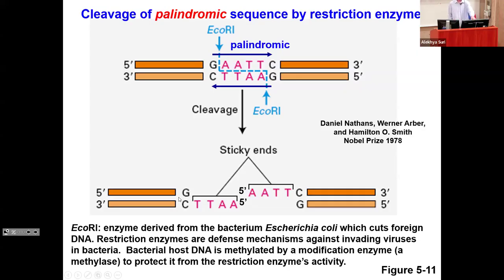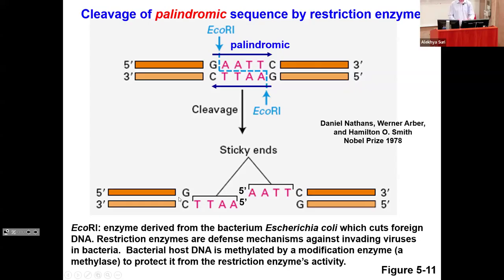Again, with a palindromic sequence, when you read the bottom and top strands in reverse orientation, it's the same sequence. When you use this enzyme, you will create ends called sticky ends. You have single-stranded DNA as overhang, TTAA, for example, here, and AATT.